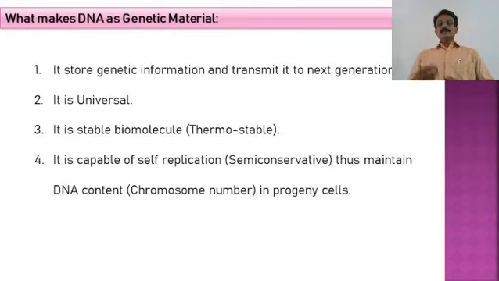Thus it can maintain the DNA content in the progeny cells. It is very important, otherwise it may cause mutations. These properties are there with DNA, that's why DNA works as the genetic material, and we consider it the genetic material of most of the eukaryotes.